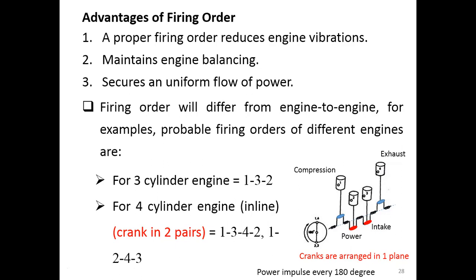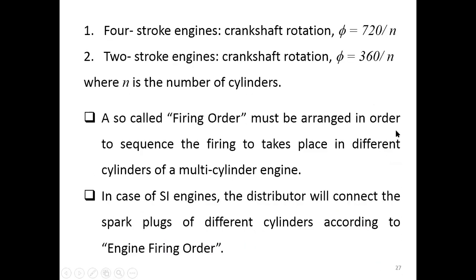And the firing or the cycle of the engine will go like this. When the first cylinder is in compression, the second cylinder is in power, the third is in intake, and the last one is in the exhaust stroke here. By this, you have power for every 180 degrees, because 4 cylinders divided by 4 is 180.